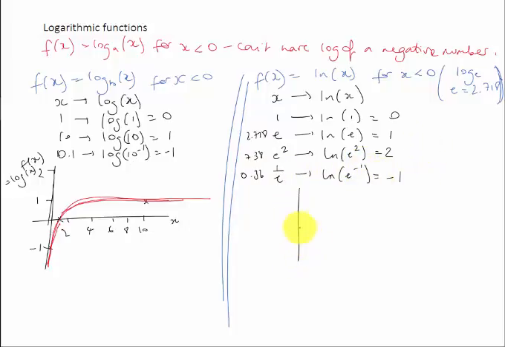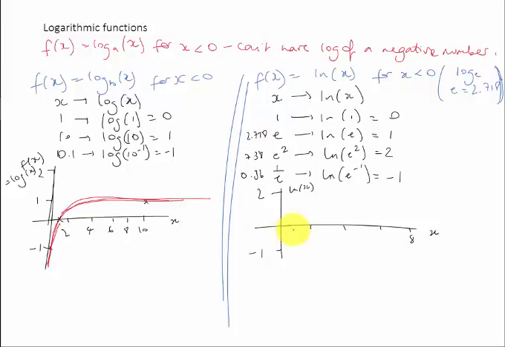Now let's draw a graph of these. Again, we don't need to worry about anything to the left of the y-axis because we don't have any values there. Let's start again, sorry. Here again we're going to go up to 2, and here minus 1. Here's 8, so this is x, and this is ln of x.